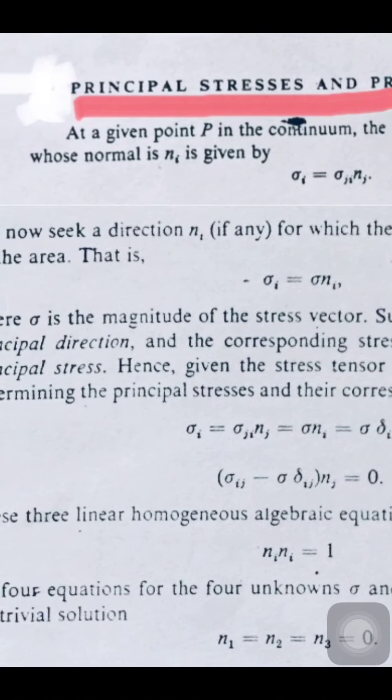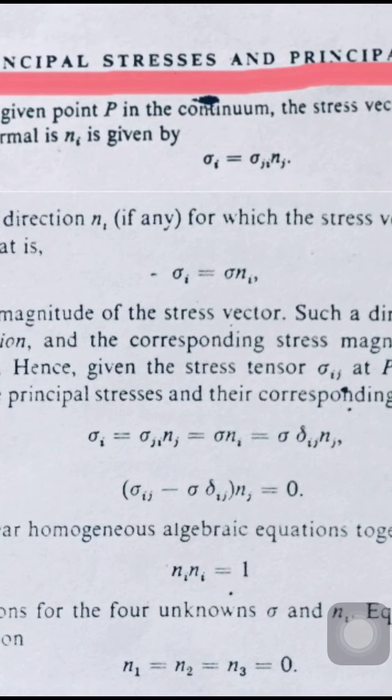Now, the important thing which we require is that we now seek a direction n_i, if any exists, for which the stress vector will be normal to the area. That is a very important line.